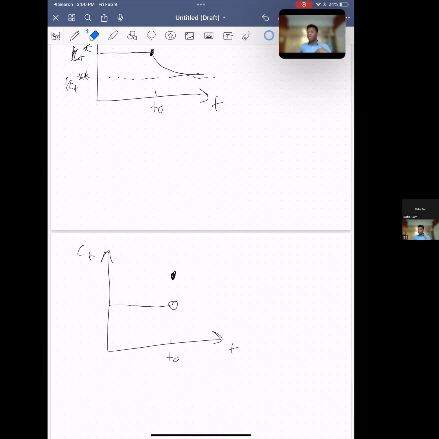Therefore, because we know that this is the point that maximizes our consumption function, the point that we started out at must not consume as much as the point that we reach next, right?